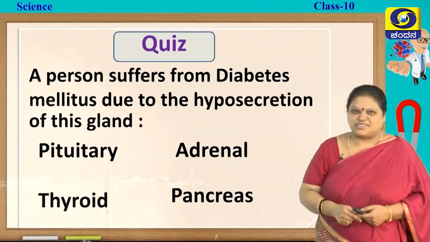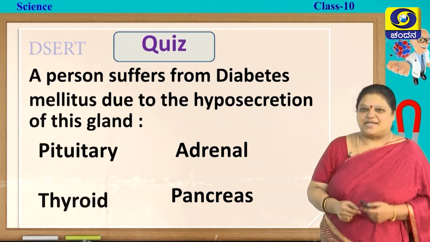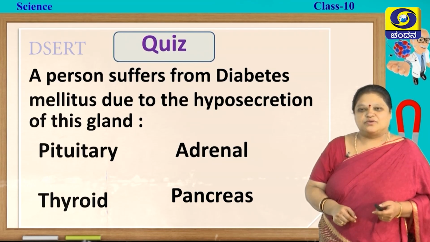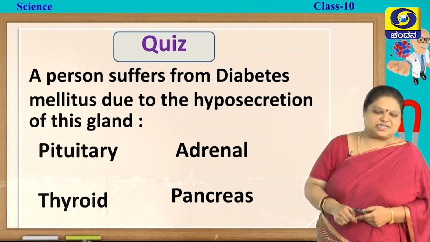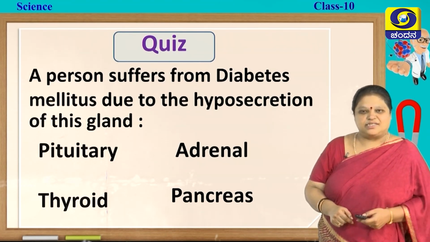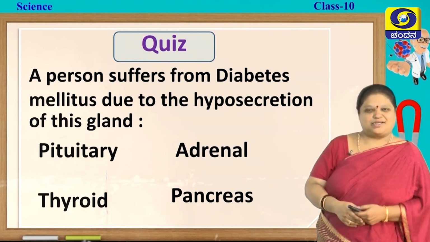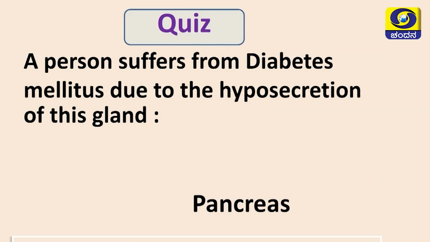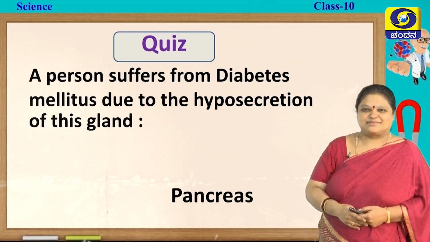So, it is quiz time. I want you to think and answer. A person suffers from diabetes mellitus due to the hyposecretion of this gland: pituitary, adrenal, thyroid and pancreas. So, the answer for this is pancreas.